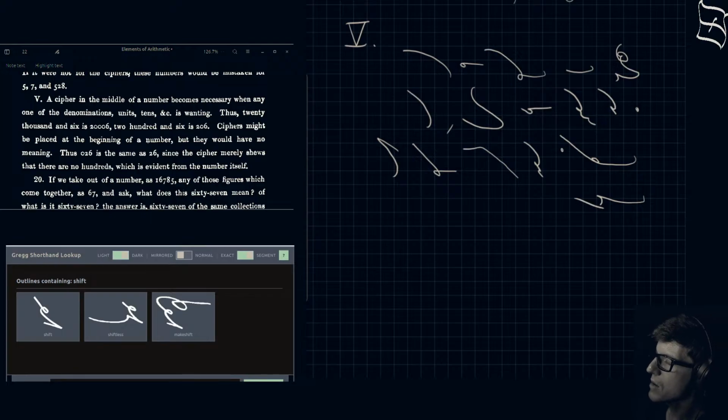That's the takeaway from number 5. So ciphers are written anytime a position possesses no value, but leading positions do not need to be listed. And that's it. So that's our takeaway from number 5.